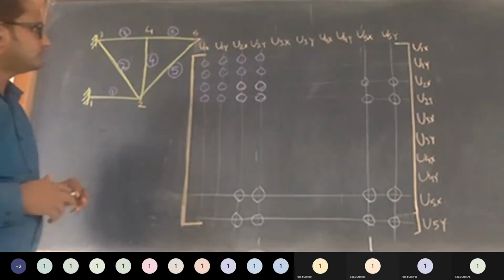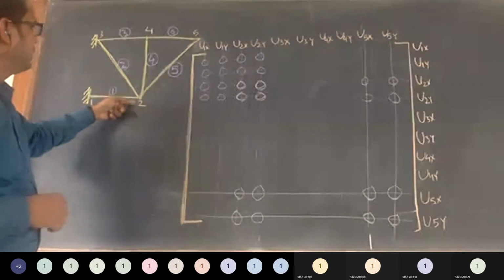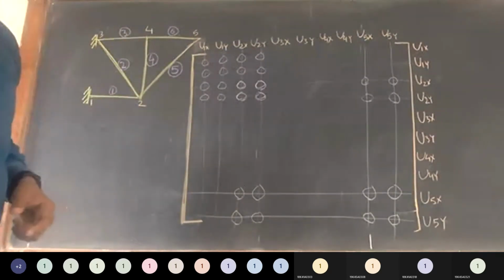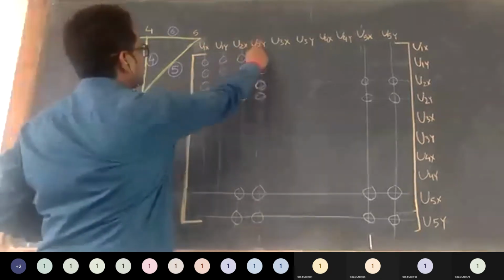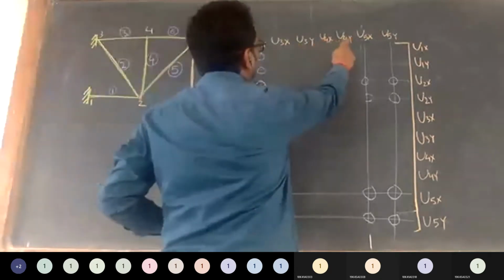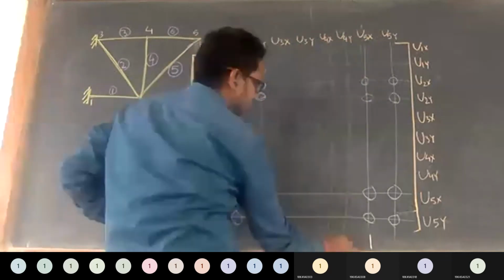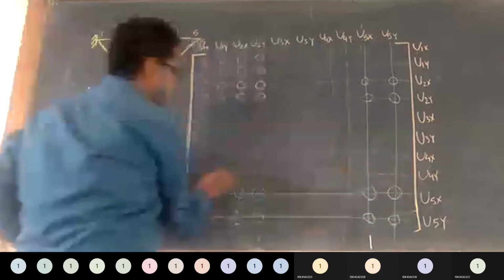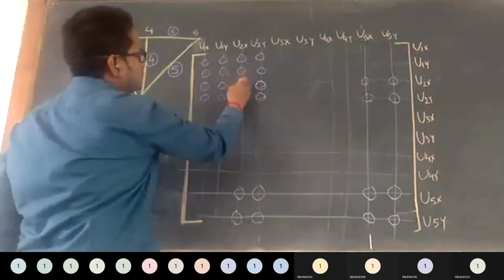So suppose this element number 4, it is connected between 2 and 4. So you have to see where is your element 2. This is your 2 and this is your 4. Very light lines you can use and then you can substitute your values.